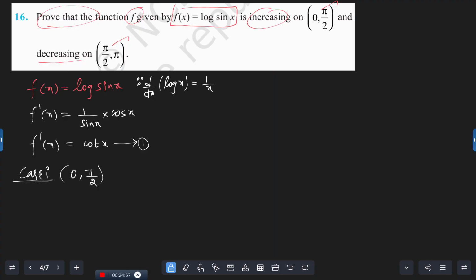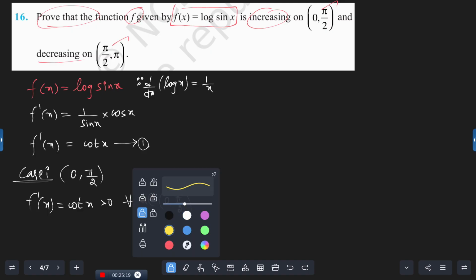First quadrant. What do you think about cot x in the first quadrant? Positive. Every function is positive in the first quadrant. So f dash of x, which is equal to cot x, is greater than 0 for all x belongs to 0 comma pi by 2.